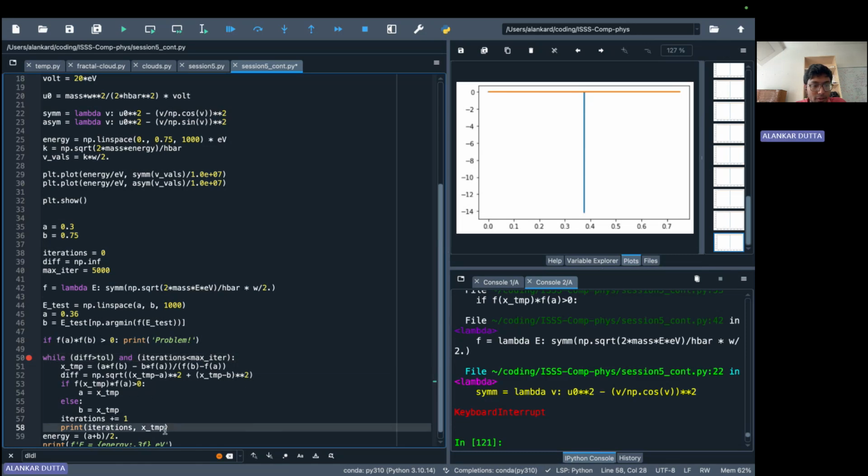So let's see what's happening to our diff. Why is it just going to, because I think we have converged to 0.37.